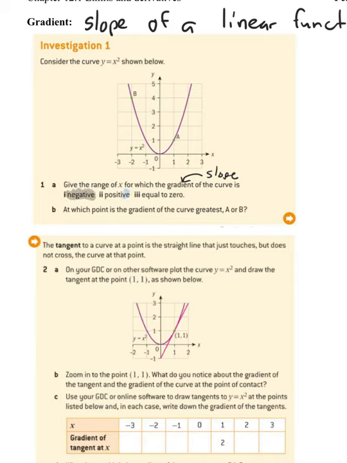So basically we want to look at when the function is decreasing, when it's 0, and when it's increasing. That's what it means when we're talking about slope. So go ahead and take a second and enter questions A and B for problem 1 here.